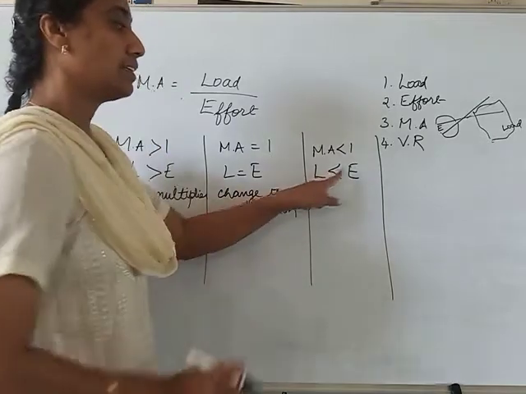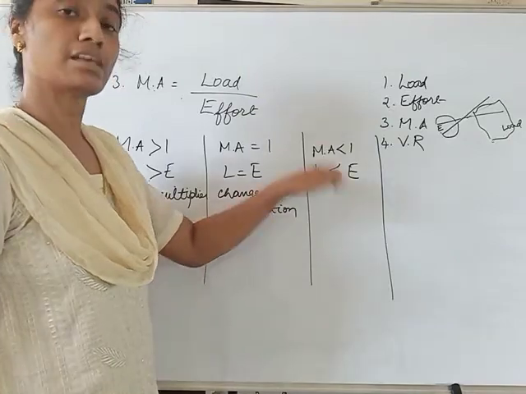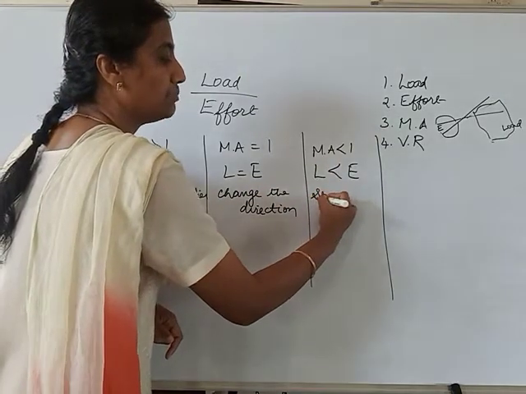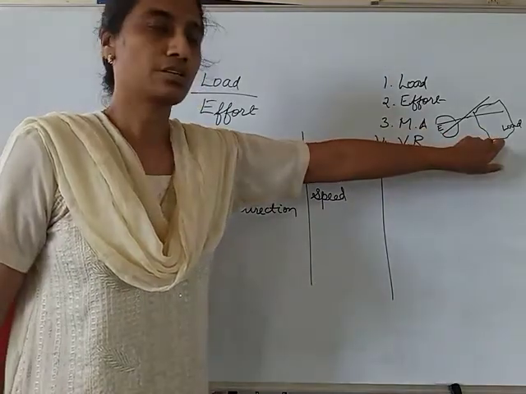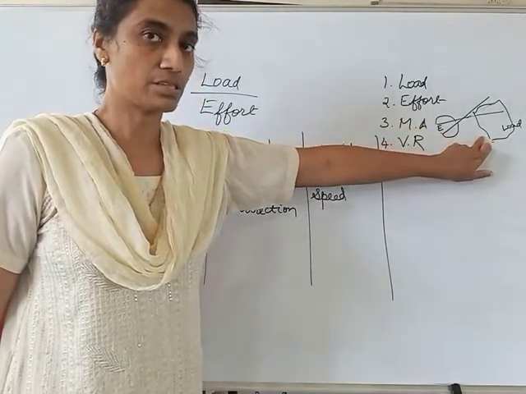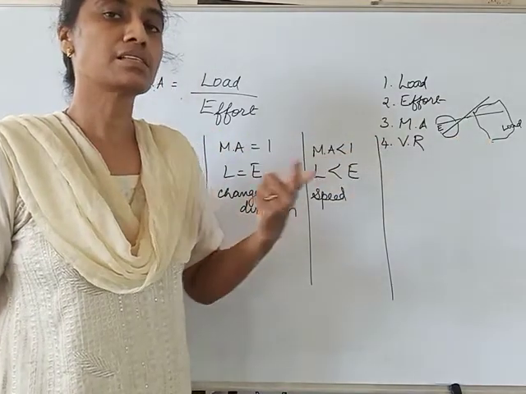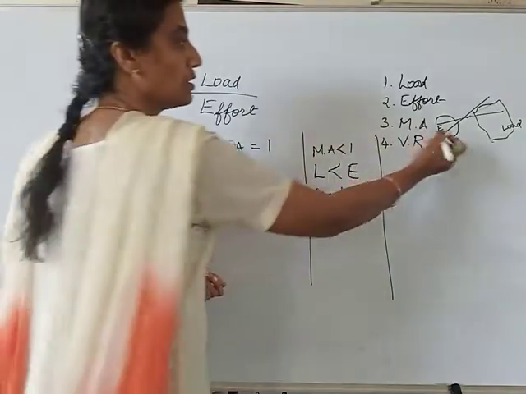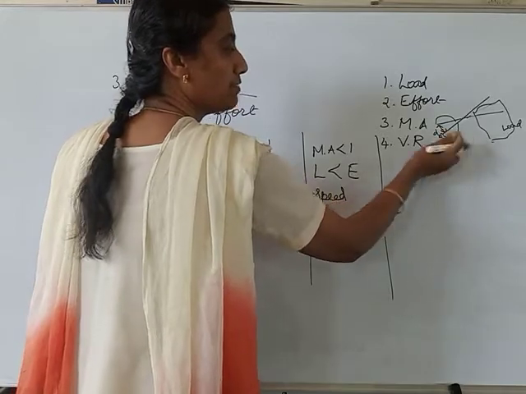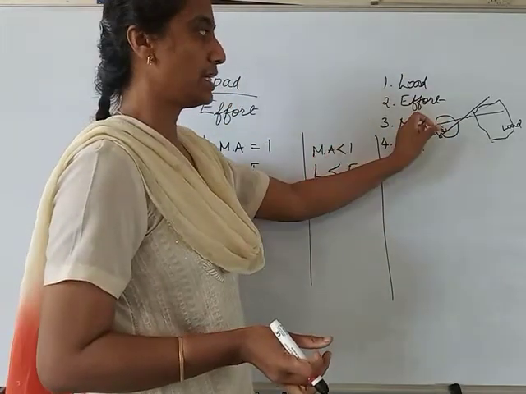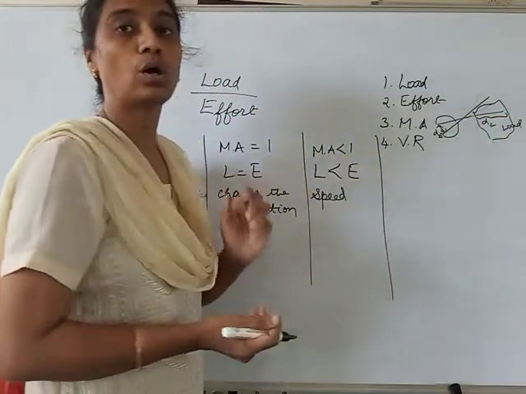And here, effort is more than the load. Then why is it a machine? Here it has another function, called speed multiplier. I explained the other day, this paper I can cut without a scissor also. It's not that I need a machine, but with this scissor my work happens faster, because I move my fingers through a lesser distance, called the distance traveled by effort, but the load travels through a longer distance.